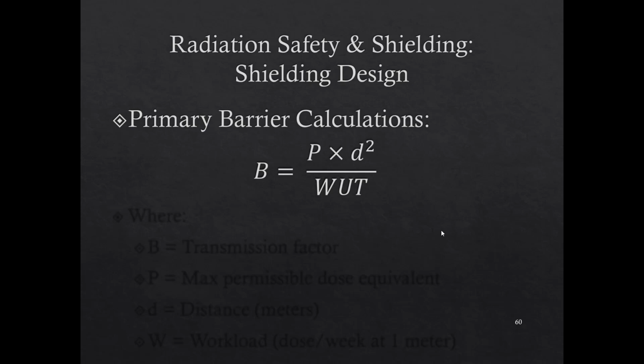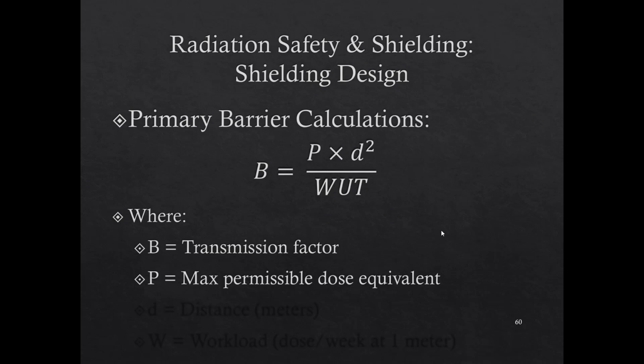This equation is one that you should know just for the quiz, exam, and this is going to assist you for when you're taking your board exam as well. B is going to be the transmission factor. P is going to be the max permissible dose equivalent. D is the distance from the isocenter to whatever distance you're shielding to.